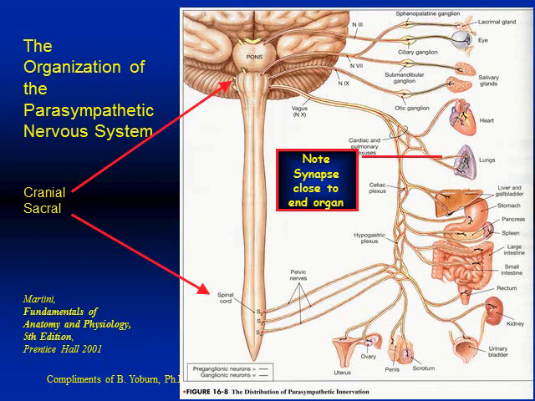It's going to do things to different body tissues. And so if you give a drug to a patient that does something to this pathway, either activates it or blocks it, you might get several pharmacologic effects just based on the anatomy and physiology of the innervation.